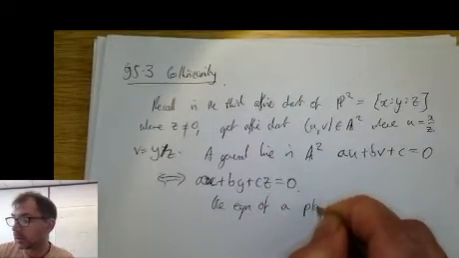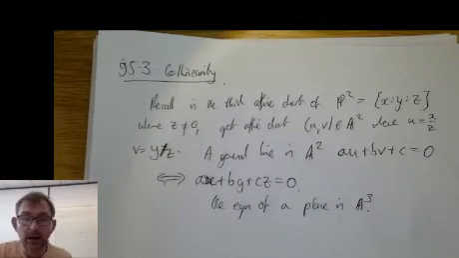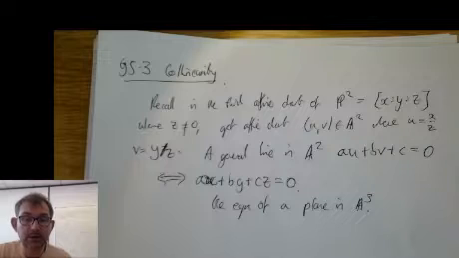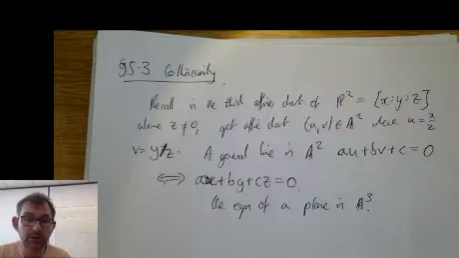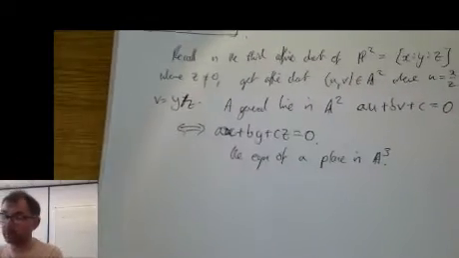So a plane in A3, and generally speaking that is going to be what we'll get, a two-dimensional plane, not a hyperplane, a two-dimensional plane in A n plus 1.